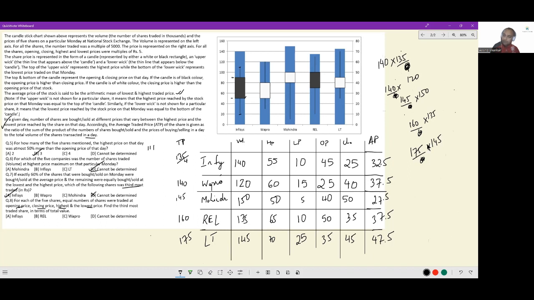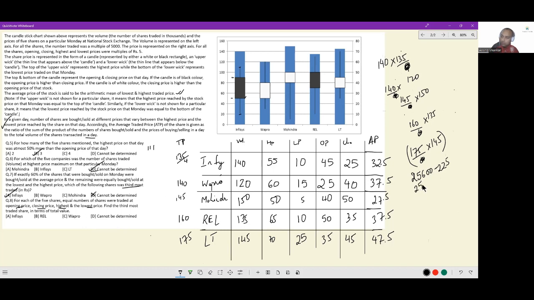Now, 175 into 145 is 160 square minus 15 square. 160 square, I'm trying to do maths interestingly. 160 square is 25600 minus 225, something like this.